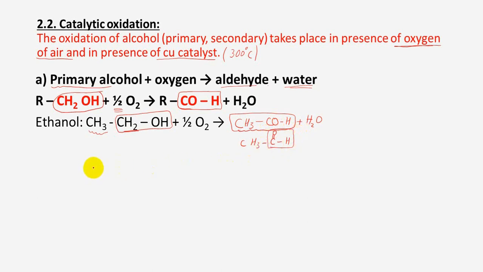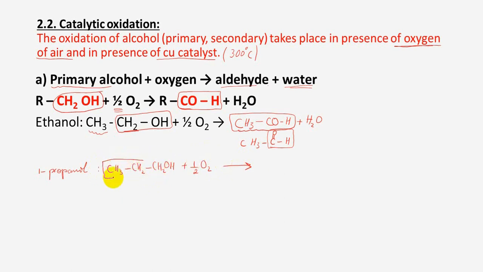So this is the functional group of an aldehyde. If I take another example, a primary alcohol, هو عندي 1-propanol, CH3 CH2 CH2OH. During catalytic oxidation, يعني plus half O2 as a balanced equation, it will give the same carbon chain.